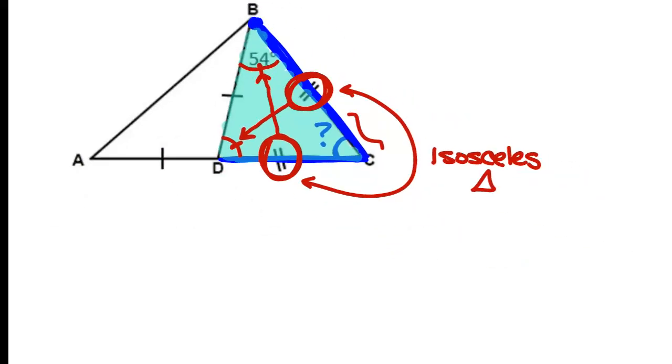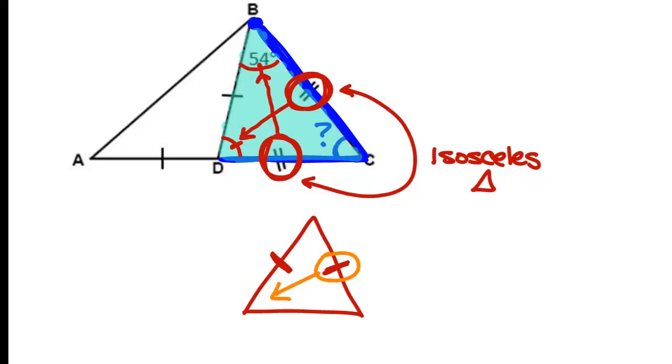But when you're looking at a triangle, say like this, and I have two congruent sides like this, the angles that are across from, opposite those sides, so this angle right here and this angle right here, these two angles are congruent to each other. So if this angle is 30 degrees, then this angle would also have to be 30 degrees.